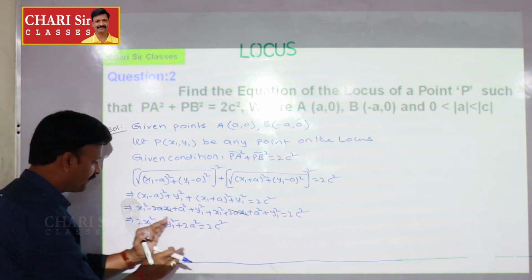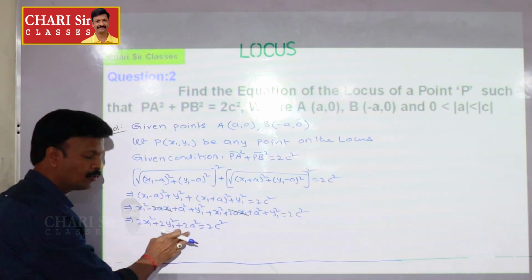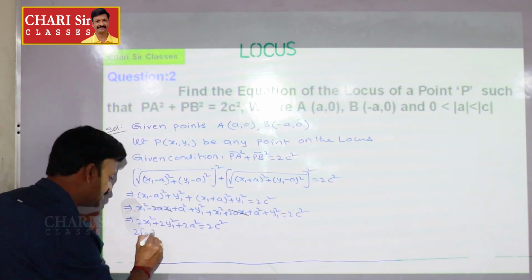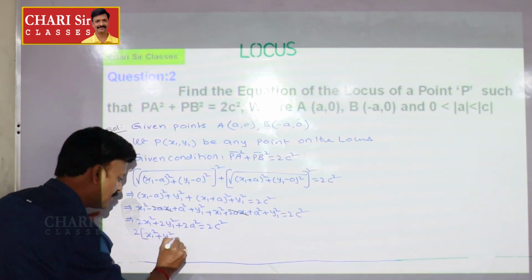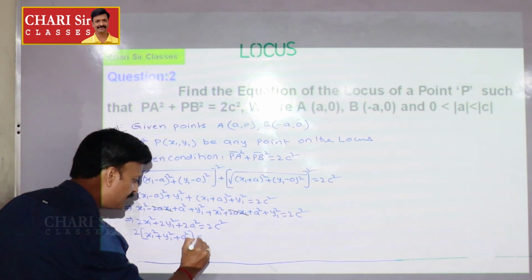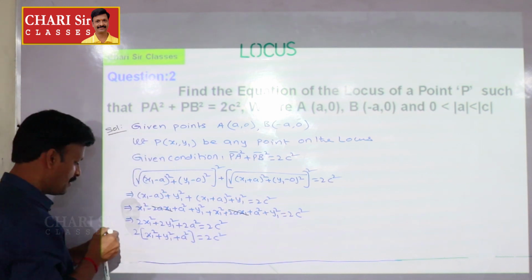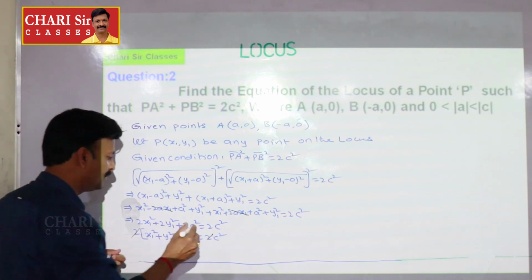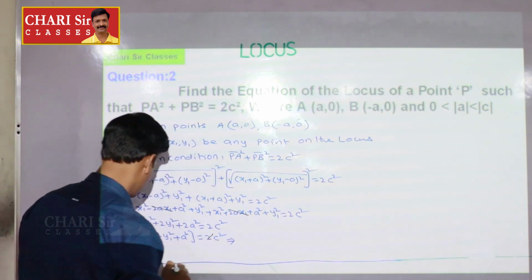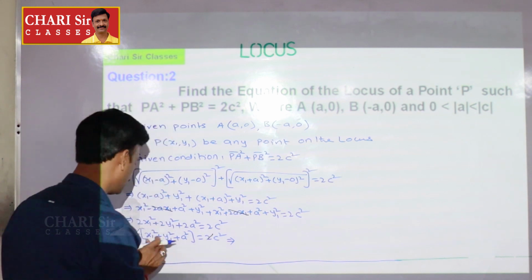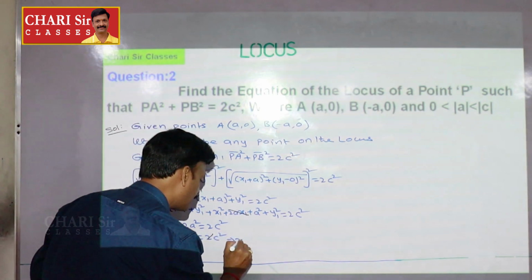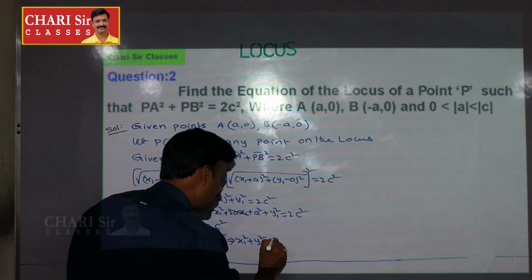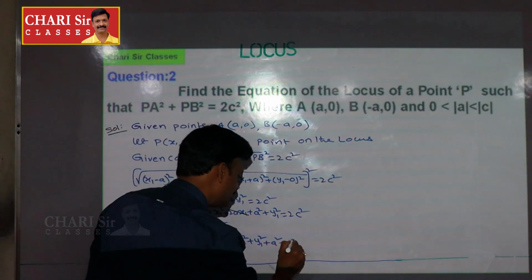Now in the left hand side, 2 is common, so you can take 2 common, which is x1 square plus y1 square plus a square, equal to 2c square. From both sides you can cancel 2. So the remaining terms are x1 square plus y1 square plus a square, which is equal to c square.